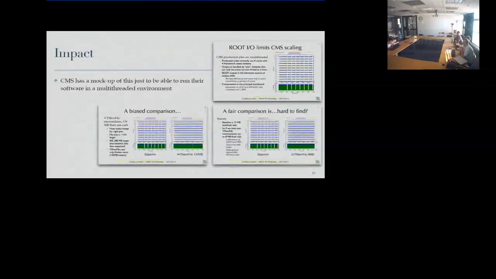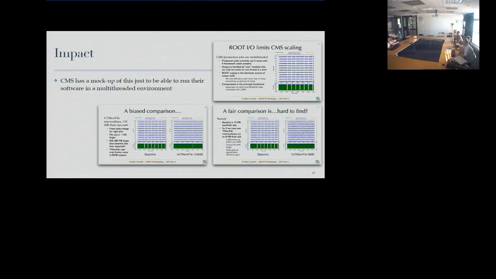The impact is that CMS has a use case where they want to write multiple files in multiple threads, and they see some stalls because of this missing concept. They ended up implementing this based on the same internal infrastructure like TMemFiles, and they are looking forward to it.